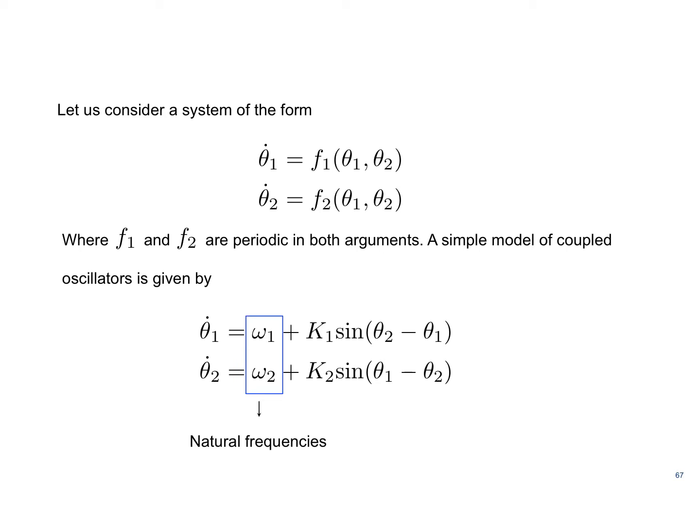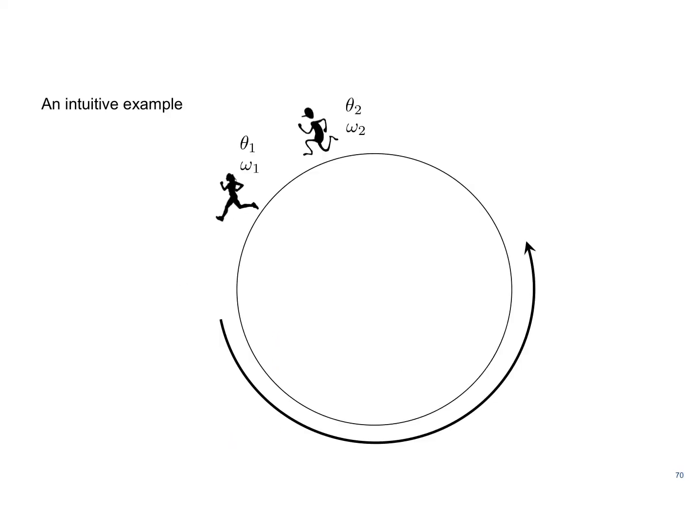If you think of this in a more physical way, you can associate that a given oscillator has its own natural frequency, and these omega 1, omega 2 refer to the natural frequencies. We can have an intuitive example, also from the book of Strogatz, which is pretty interesting. Imagine you have a circuit, and two people doing some sports.